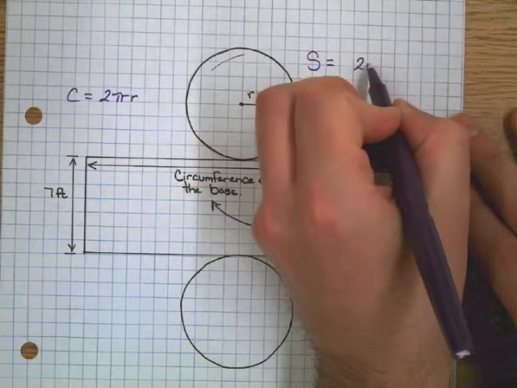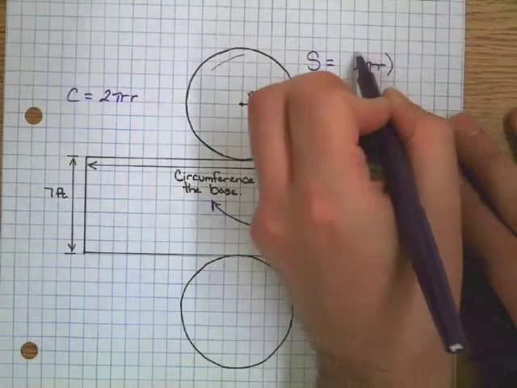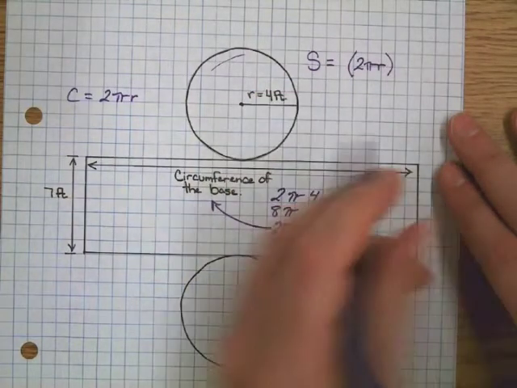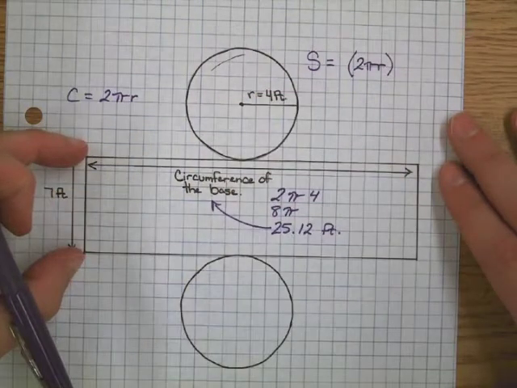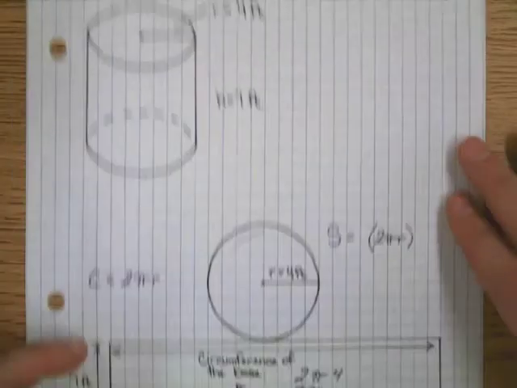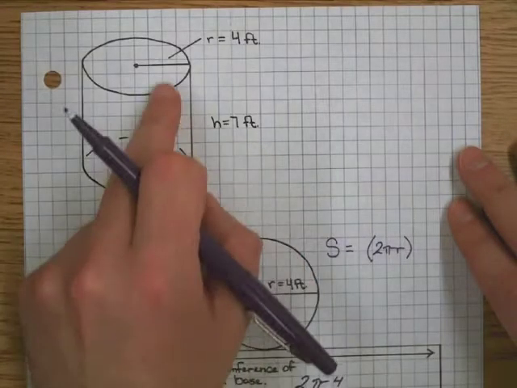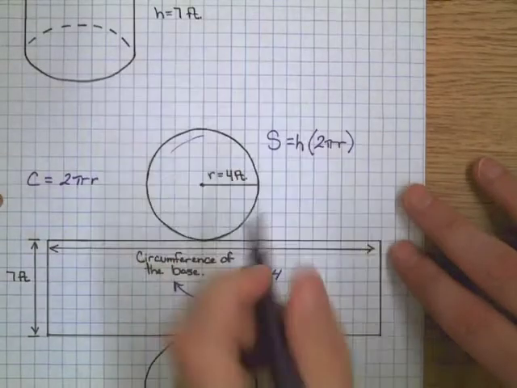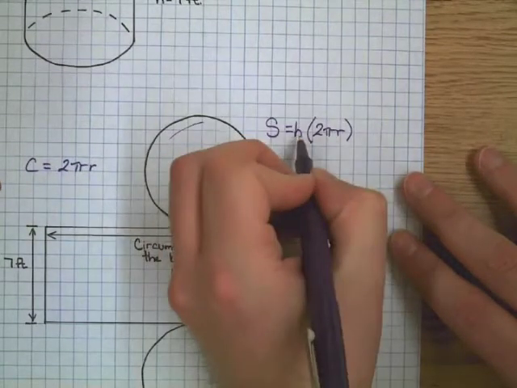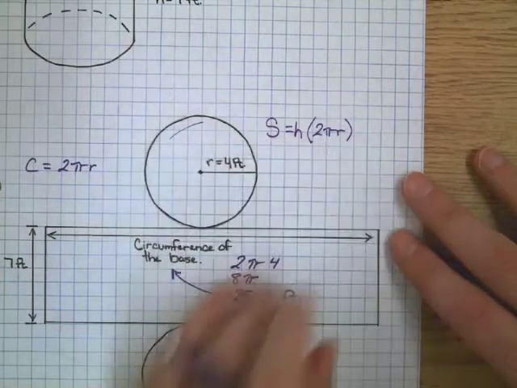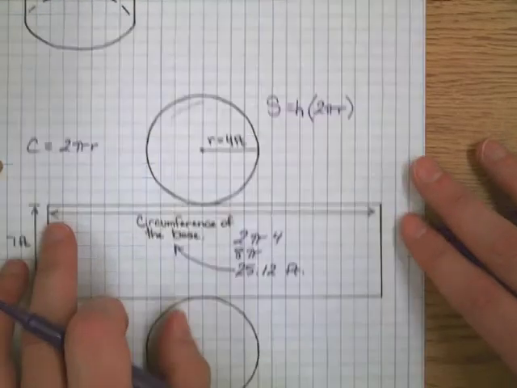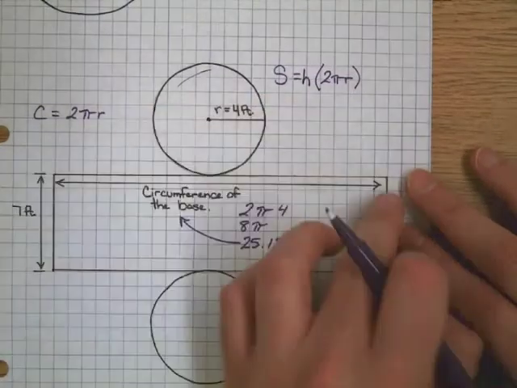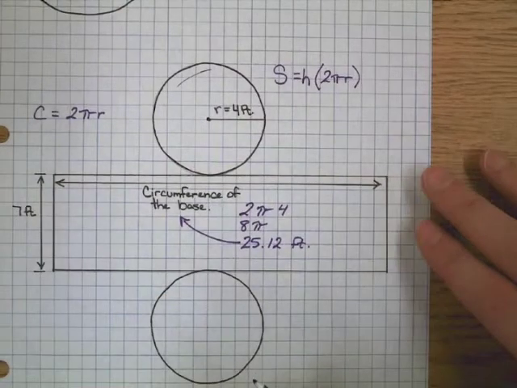2 times pi times the radius, multiplied by the width. And the width is this distance right here, which is the height of that cylinder. So height times the circumference, which is the length of that rectangle.